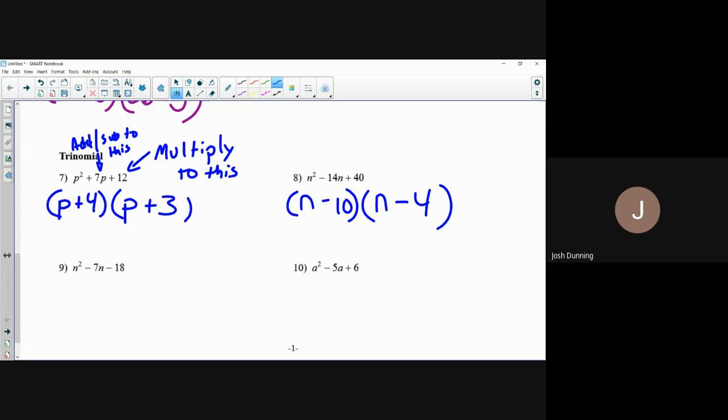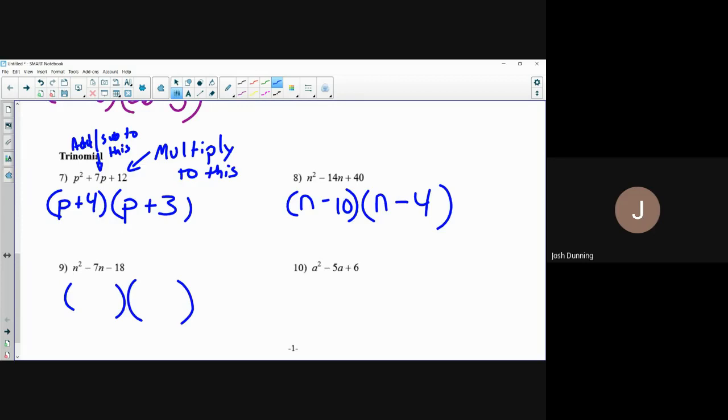Now, 9, though. My end is negative. That 18 is negative, which means you got to have a plus and a minus. That's the only way you can multiply to a negative, is if one is positive, one is negative. So this makes it a little bit trickier.